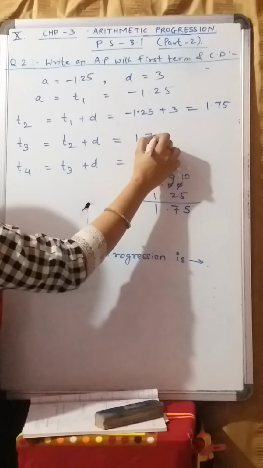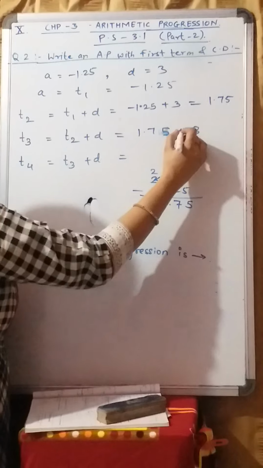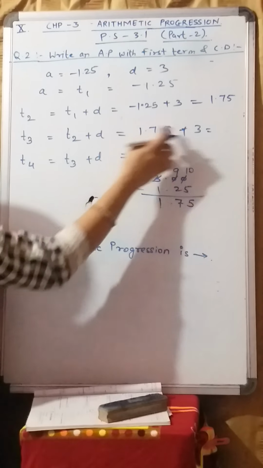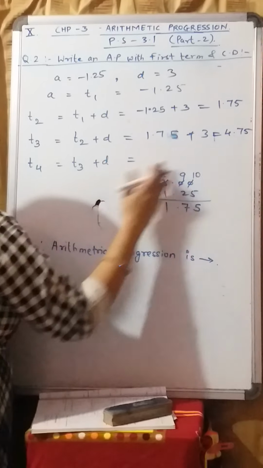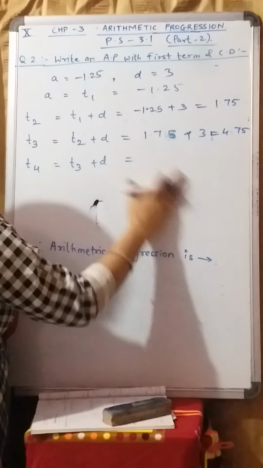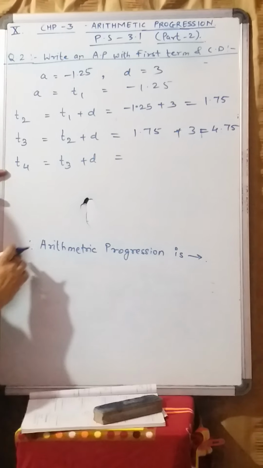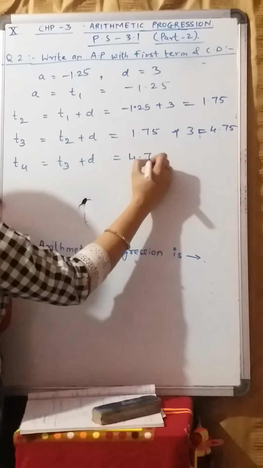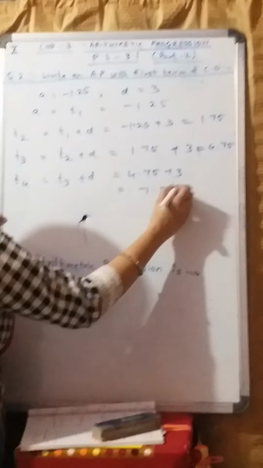T3 is T2 plus the common difference, that is 3. Very easily, 1 plus 3 is 4.75. Then to find T4, 4.75 plus 3 is 7.75.